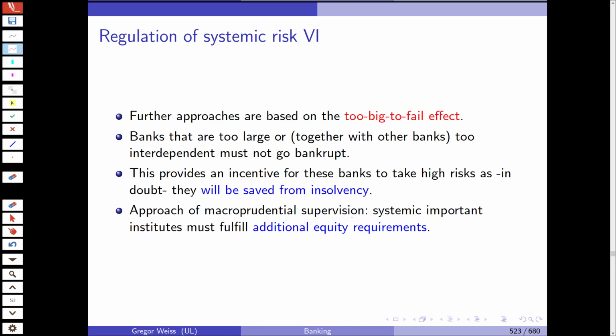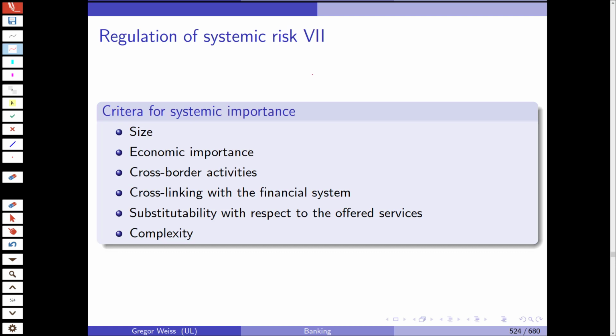And the approach of macroprudential supervision is that systemically important institutes must fulfill additional capital requirements. Let's call this not equity, but capital requirements. That's the correct term for this. So we have tougher regulation for systemically important banks.